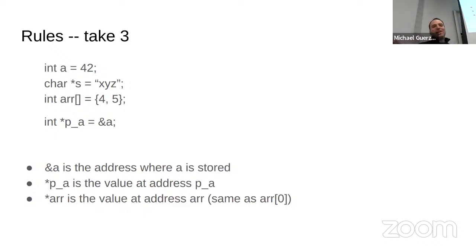The argument being made is, if int star is a type, why don't you write int star space PA? Wouldn't that be clearer? And the answer is, arguably yes, you can do that. As far as C is concerned, it's the same. There are just multiple conventions, and people do different things.